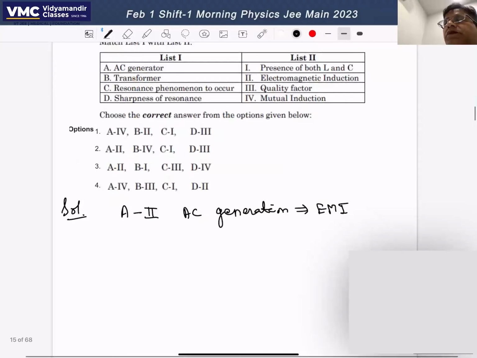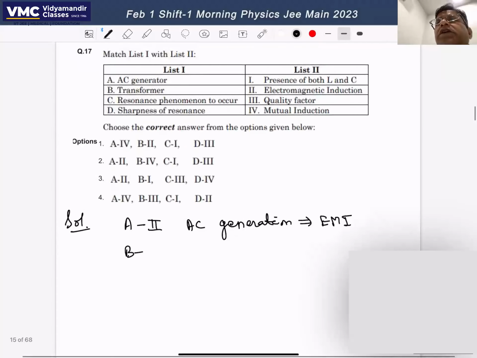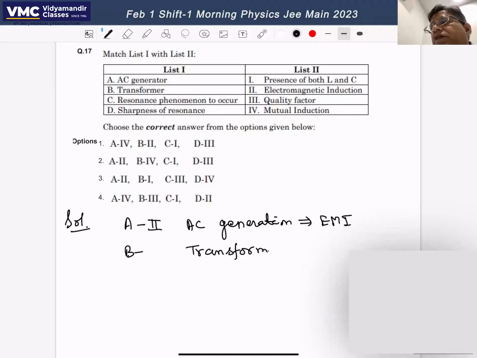For this B part transformer, this transformer also works on electromagnetic induction, but in this case, mutual inductance happens in between say secondary and primary coils. So there is a mutual induction. So this fourth option will be correct option.